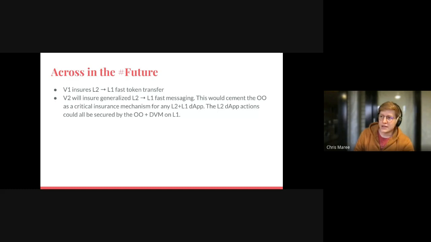Then at the end of the sale, once it's finalized, you create a Merkle tree, and you use the optimistic oracle to make a claim about the root of the Merkle tree on L1. And if that gets through liveness, then people on L1 can go and claim the NFTs that they won in the auction on L2.